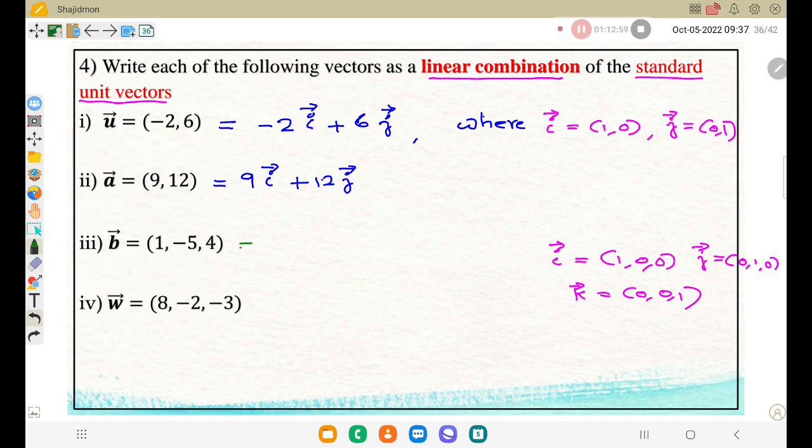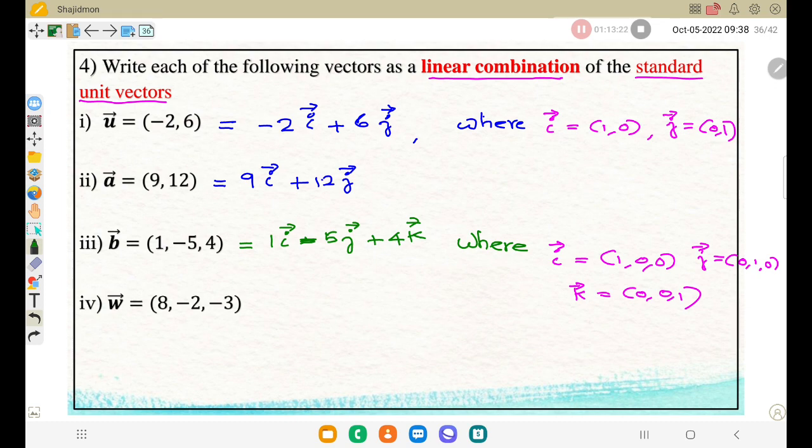Now in space, one vector, (1, -5, 4). So 1 multiplied by vector i, minus (plus minus means minus) 5 multiplied by vector j, plus 4 multiplied by vector k. Where vector i means (1, 0, 0), vector j means (0, 1, 0) and vector k means (0, 0, 1).